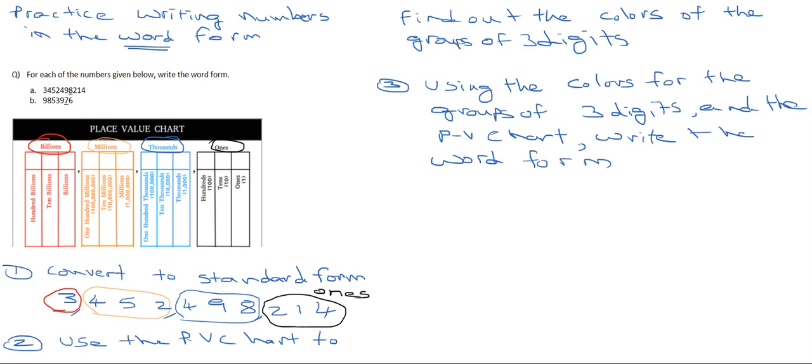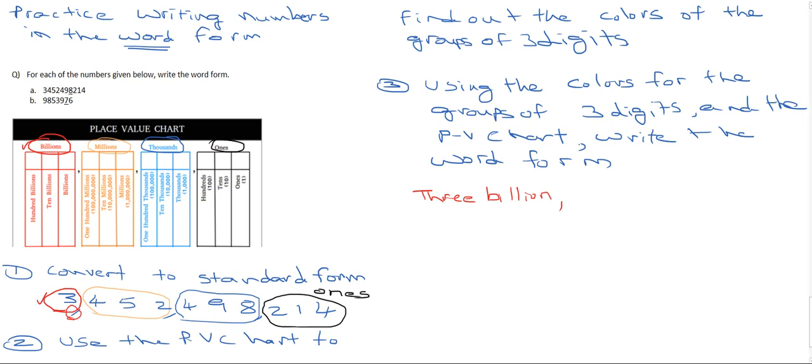Let us do that for this example. We had red showing here, and there was only 3, and it corresponds to billions. So the word would be 3 billion, comma, because there's a comma here.